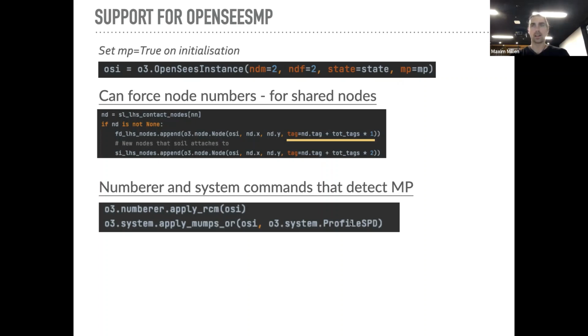Otherwise, you can apply the profile SPD. So this is just an extended function, and you can apply the RCM numbering. And if you're using the MP version, it'll apply the RCM MP version or the parallel version. So these are just little extra functions that make your code a little bit cleaner, because they're problems that are solved in every script otherwise.